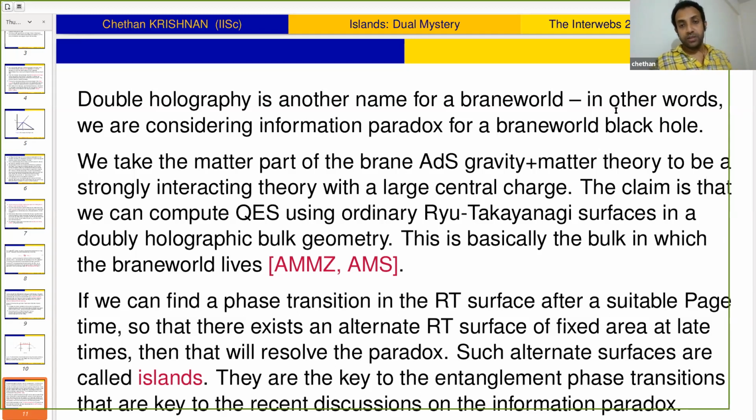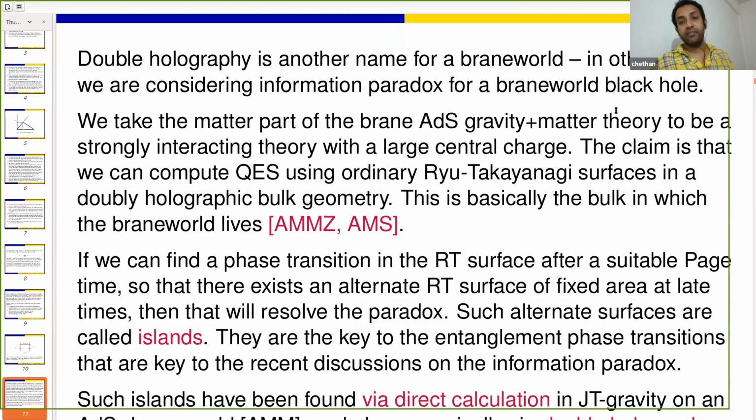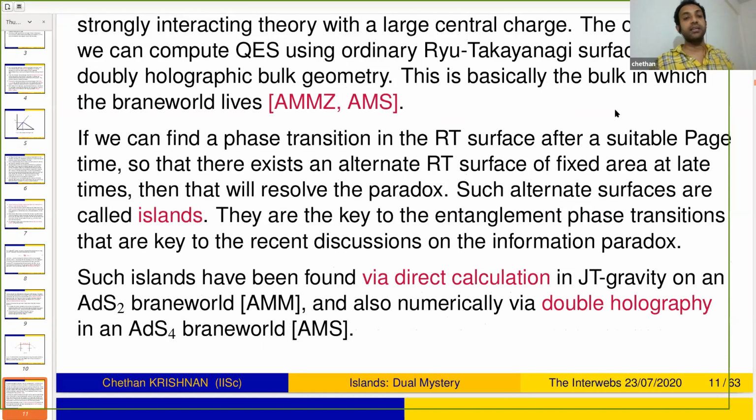This is the claim. This prescription, where you specifically take the matter theory to be strongly coupled with large central charge so that you have a holographic description, is sometimes called double holography, but it's really the same thing as a brane world system as far as I can understand. This is the bulk in which the brane world lives, so you compute your Ryu-Takayanagi surface in the bulk, and that's the basic setup.